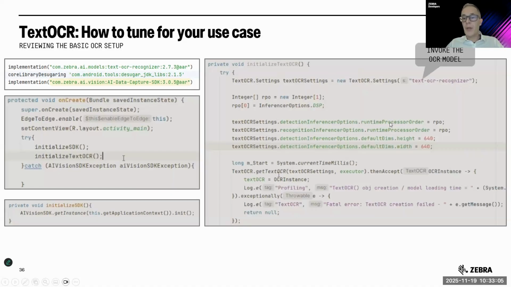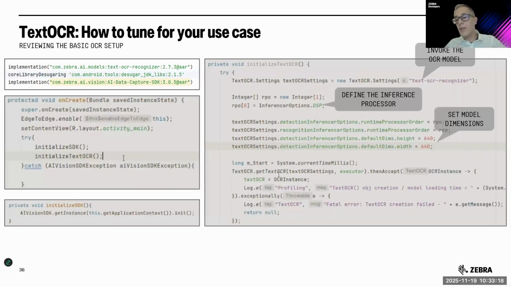As you can see here, the first thing that you want to define is the inference processor. We'll see later the options available. In this case, the DSP was chosen, and then you also set the model dimensions.